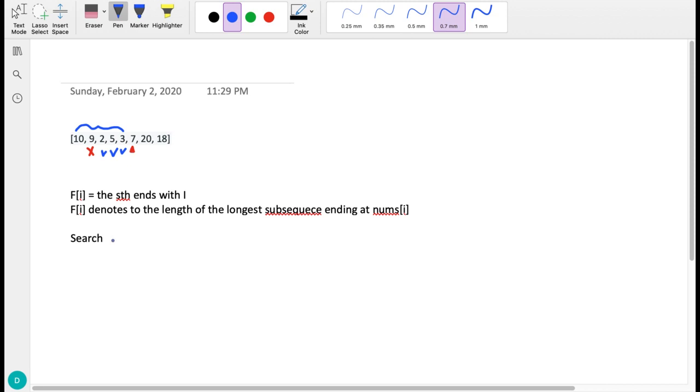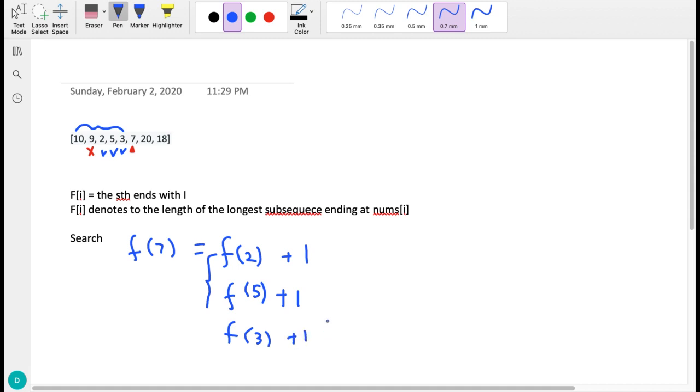Then f7 equals f2 plus 1, right? Because f2 means the length of the longest subsequence ending at 2. And also it could be f5 plus 1 or f3 plus 1. So we want to find the maximum, so choose the maximum of these.